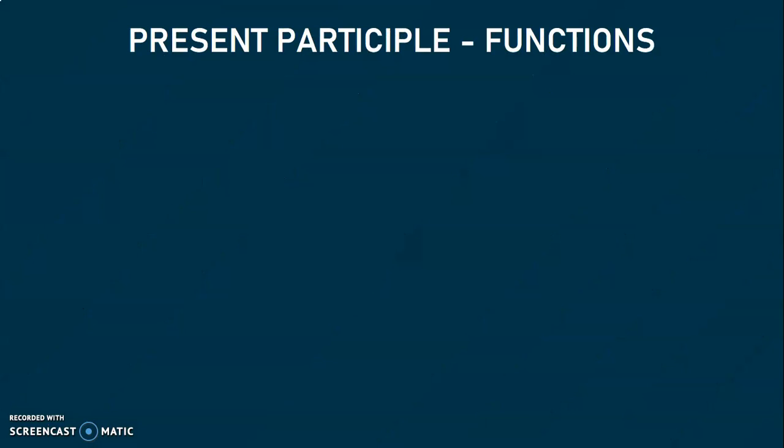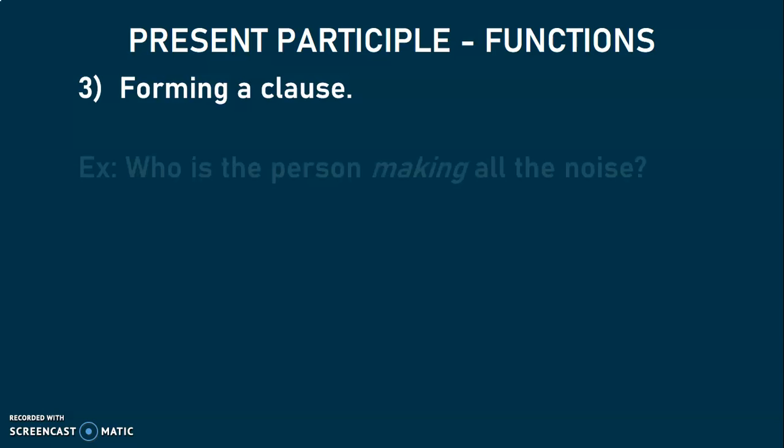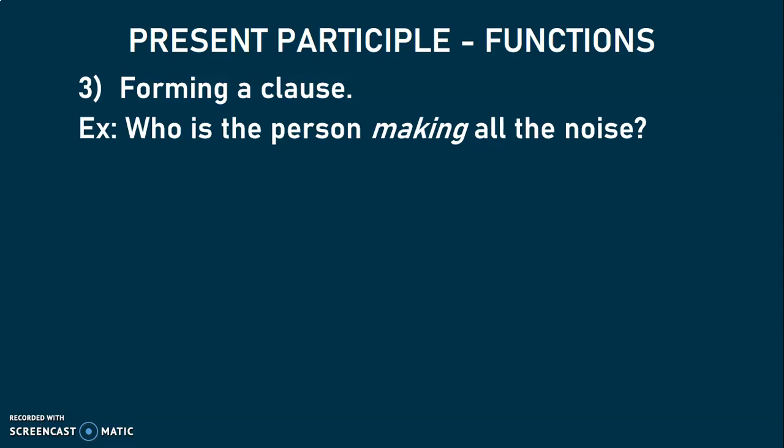The third function is for forming a clause, present participle will be used. The example will make you clear how it is. Who is the person making all the noise? This sentence you can write in another way. Who is the person who makes all the noise?